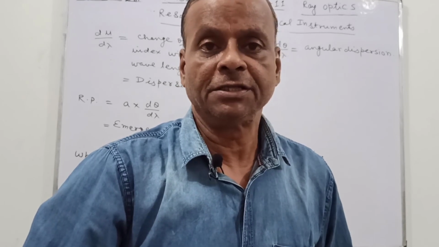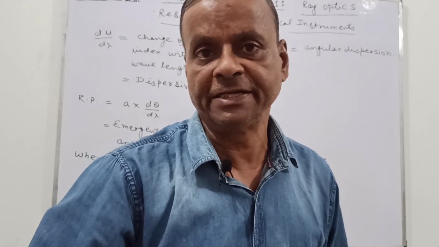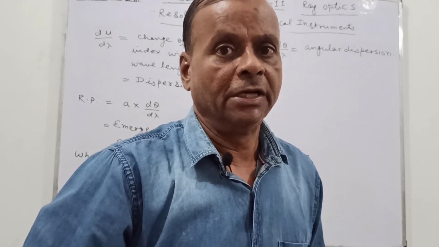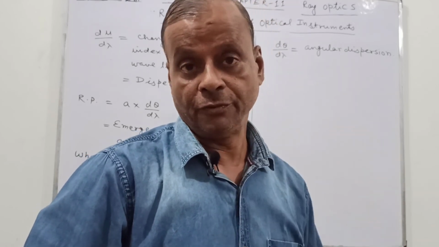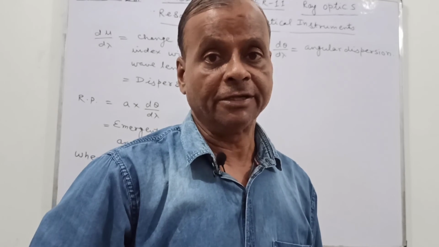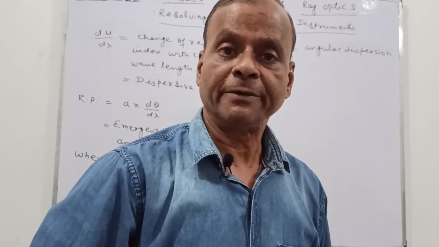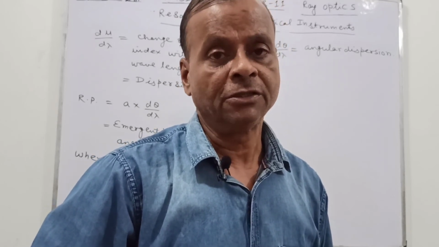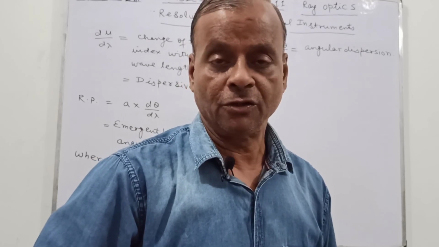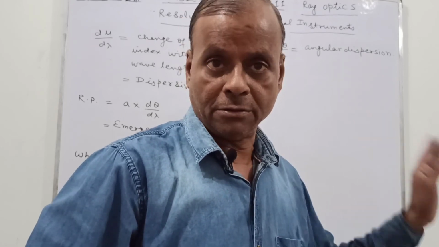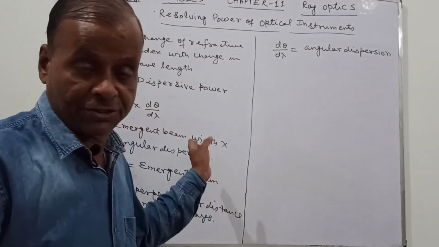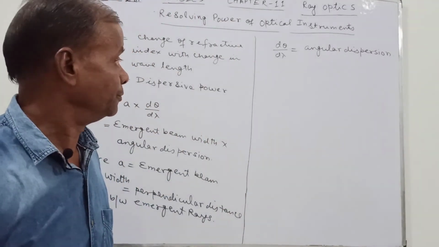The four things are there: the human eye, the telescope, the microscope, and the prism. And if we have the lens, then the resolving power of lens is the same as that of the objective lens that we use in the telescope.